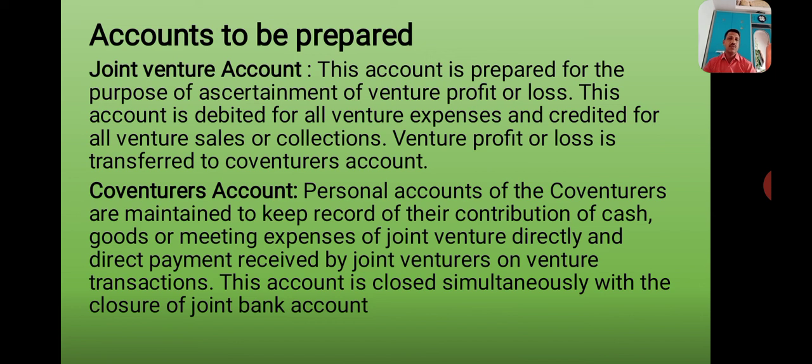Personal accounts of the co-venturers are maintained to keep a record of their cash contributions to the joint venture, their contributions in the form of goods or materials, the expenses relating to the joint venture paid by them, the sales proceeds and collections of the joint venture received directly by them, and the profit or loss will be adjusted to this account.